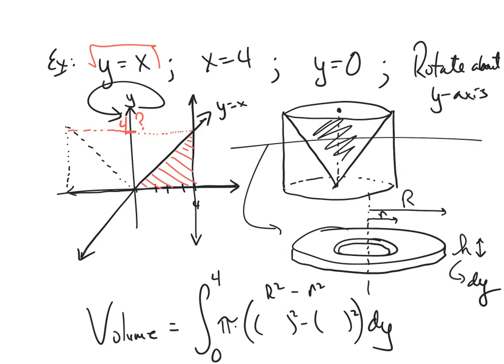Please notice both of those were off the y-axis. Okay, now capital R again is the distance from the axis of rotation to the outside of our washer. Is capital R vertical or horizontal? Well, it's horizontal, so therefore we need something that says x equals. And do we have that?